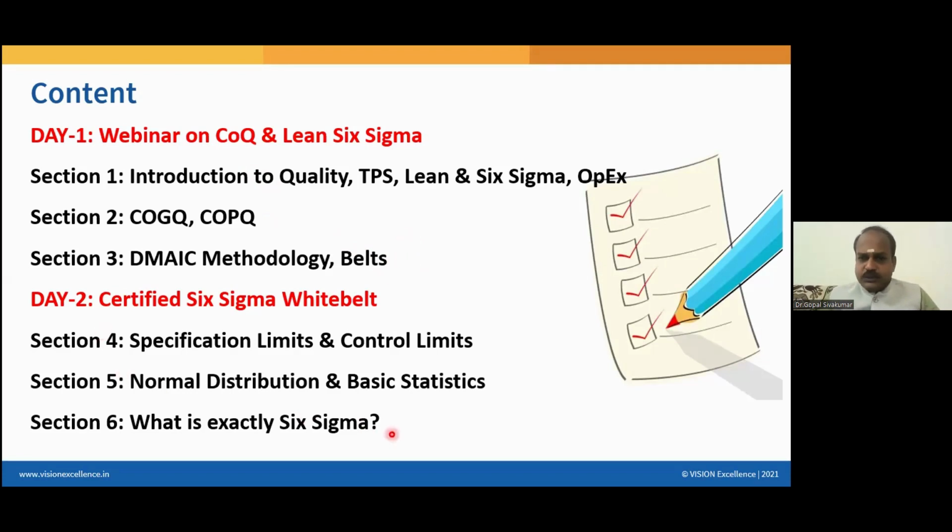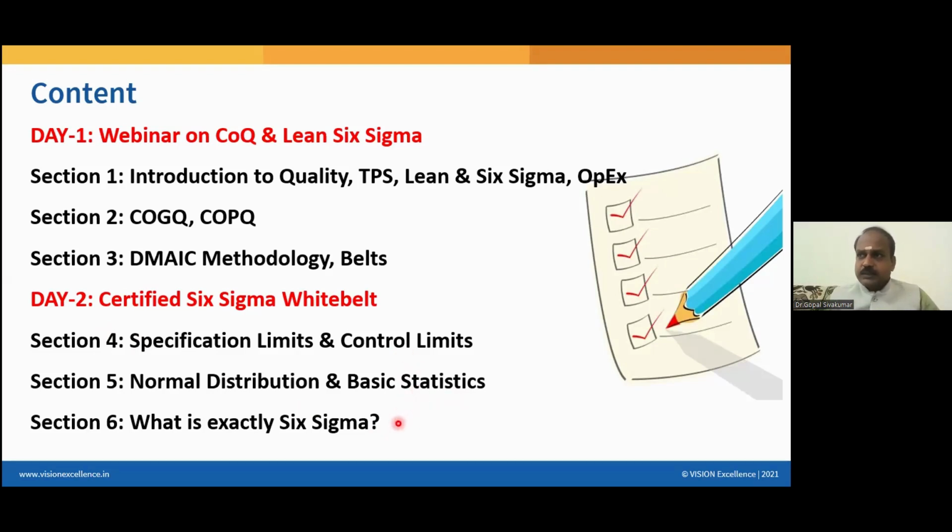And these are the modules, if you continue this learning and upgrade yourself further by sparing another 40 minutes with me. The schedule will be informed to you, or you can also take it up in the recorded modules. There the modules will be these: what's the difference between specification limit and control limit, the statistical concept of normal distribution, and certain basic statistical modules. The statistics required to understand the practical meaning of Six Sigma will be taught in the next module.